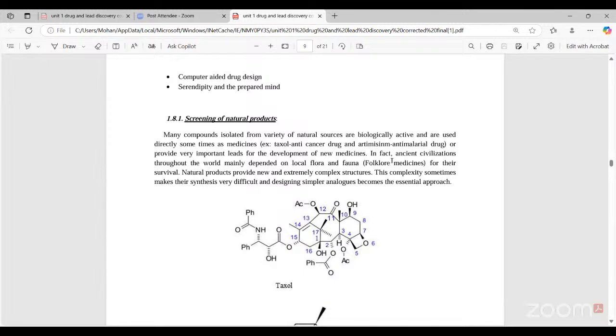In fact, ancient civilizations throughout the world mainly depended on local flora and fauna for their survival. Natural products provide new and extremely complex structures. This complexity sometimes makes their synthesis very difficult, and designing simpler analogs becomes the essential approach.